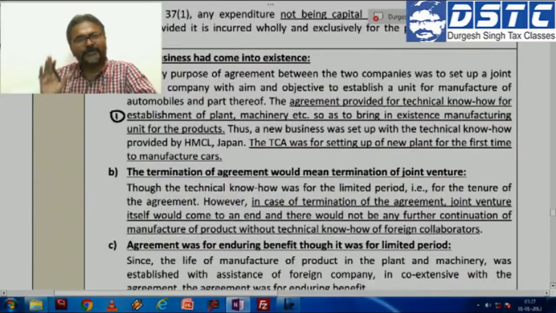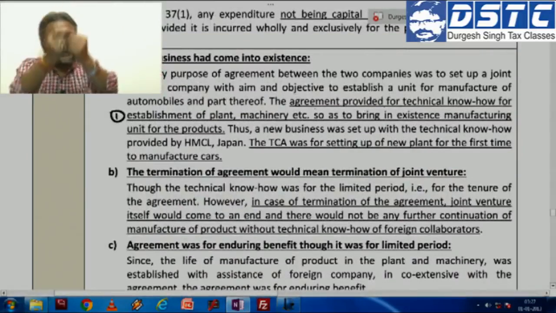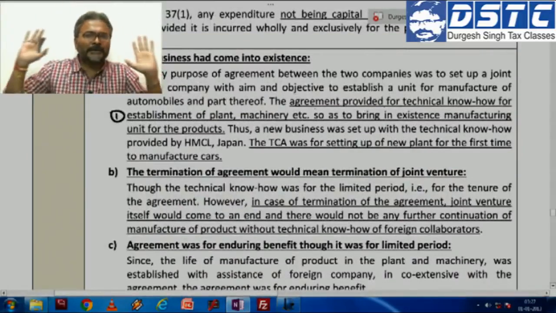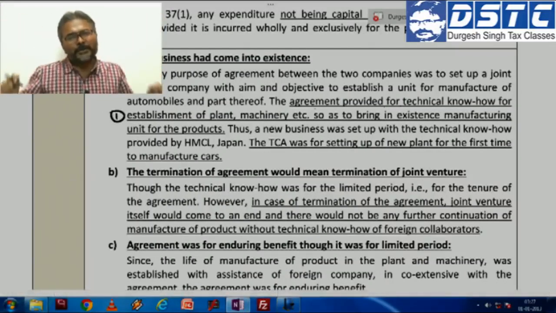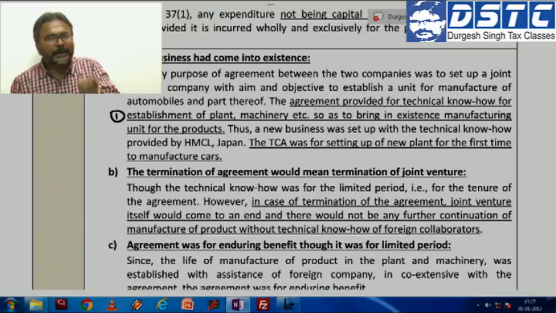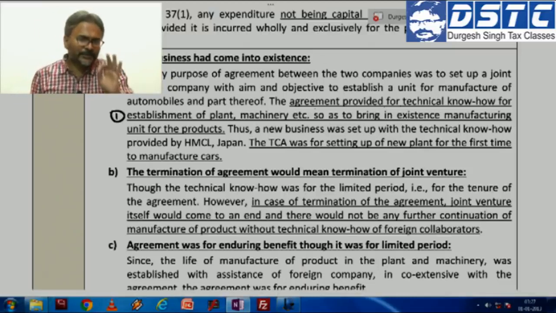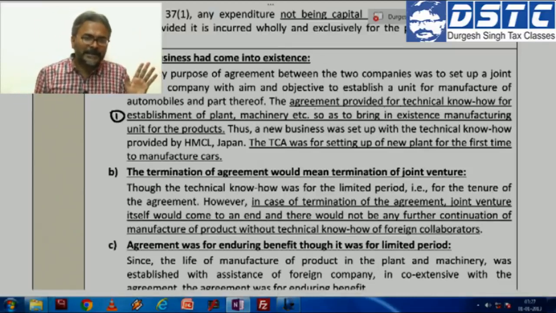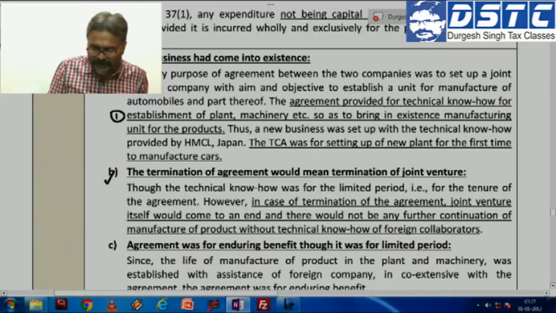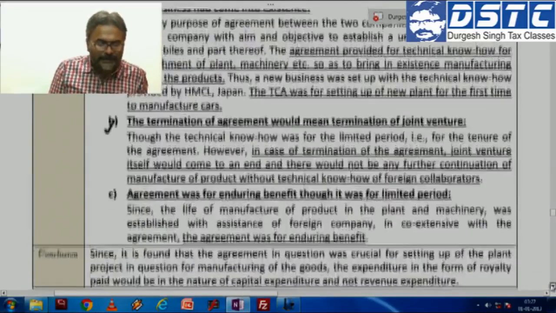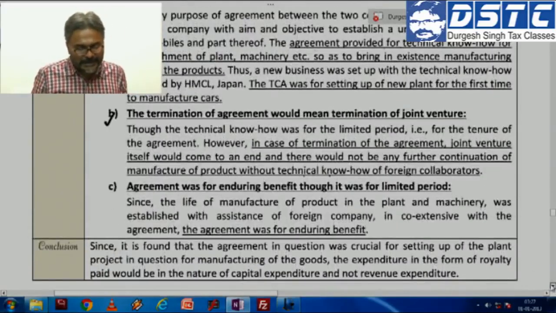Supposing there is a dispute and the agreement between the Japanese company and the Indian company terminates, what does it imply? The plant will get shut down. You cannot continue further. This is what the clause says. So it was definite. The termination of the agreement would mean termination of the JV, and there would be no further continuation of manufacture of the product. That is what they have clearly spelled out in this case.